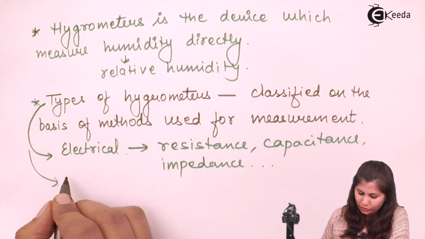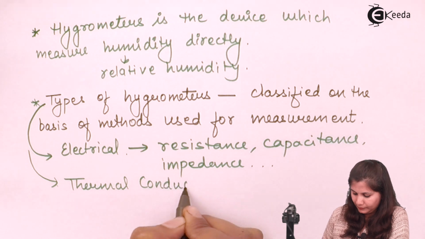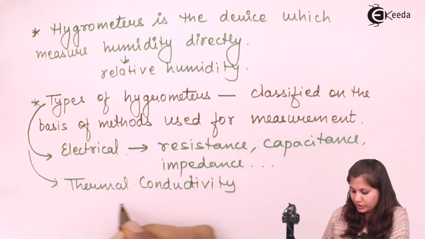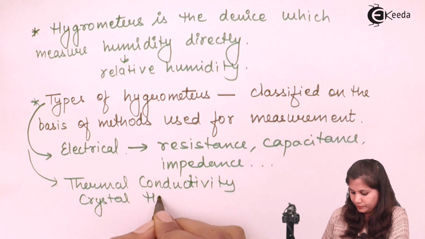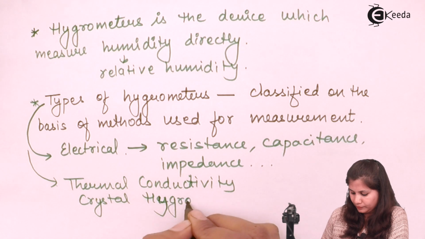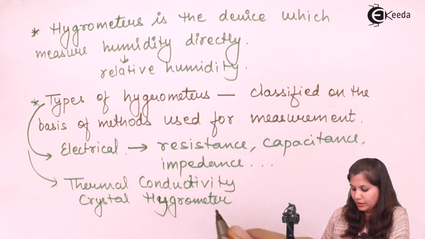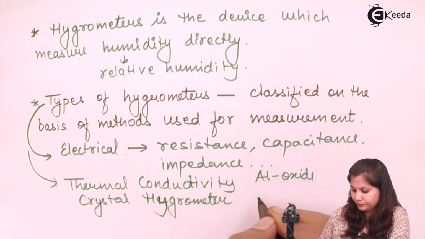There are other methods also, like thermal conductivity, crystal hygrometers, and aluminium oxide hygrometers.